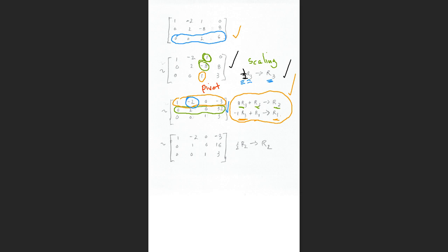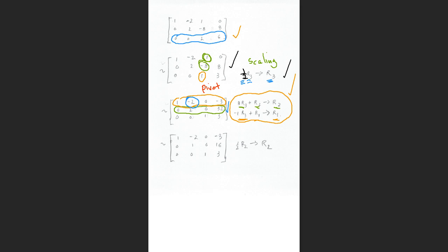That's right, Yasin, very good. 2x2 equals 32. x2 equals 16. So we know x3 is 3. x2 is 16. Now we've got to find x1.